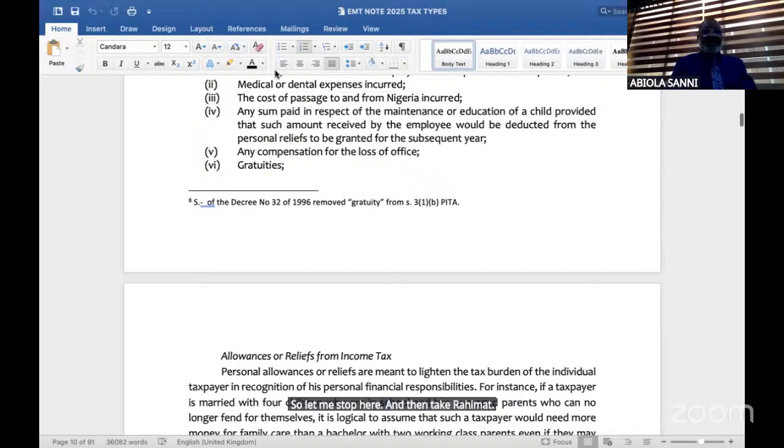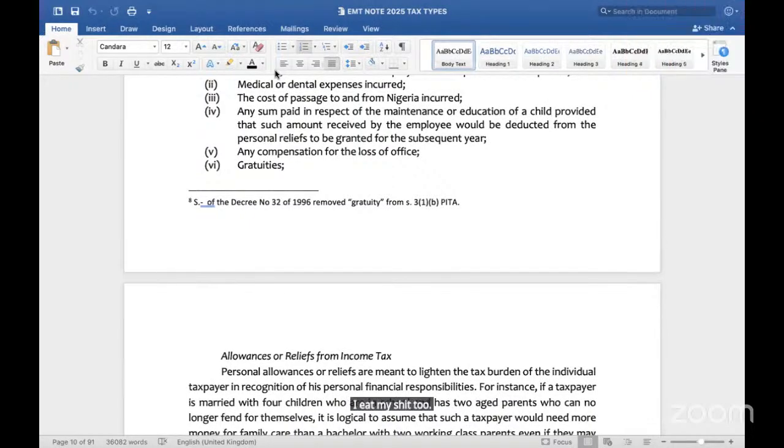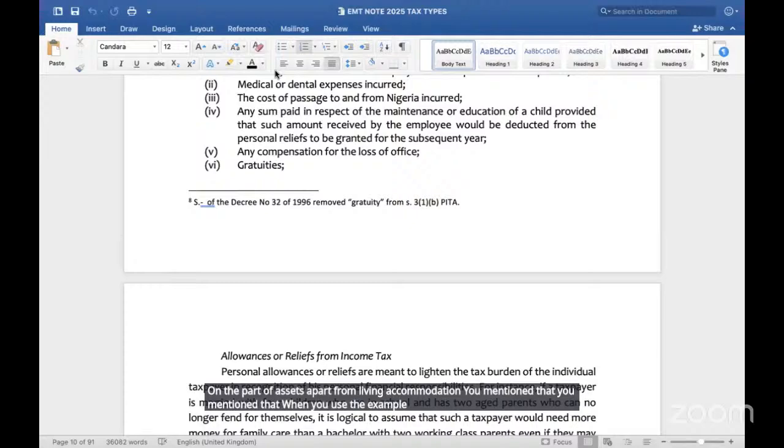Yeah, Rahimat Shitu. Okay, sir. I just wanted to ask a quick question or clarification on the part of assets apart from living accommodation. You mentioned the example of your company car.